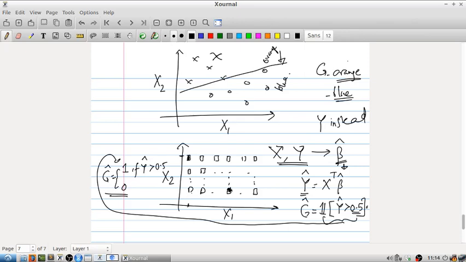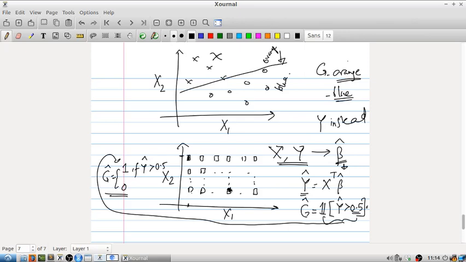Any other question? Yeah. So you randomly select some point from the second graph and you calculate the beta hat? No, the second graph is just an illustration. You can ignore the second graph if you want. The first graph is just to illustrate what my two-dimensional data looks like.